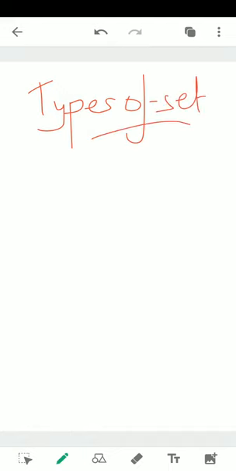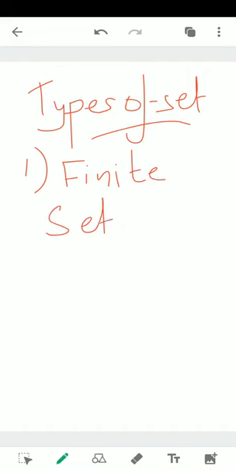So let us start. The first set is called a finite set. The definition of finite set, you can write something like this: a set with finite number of elements in it is called a finite set. I repeat again, a set with finite number of elements in it is called a finite set.